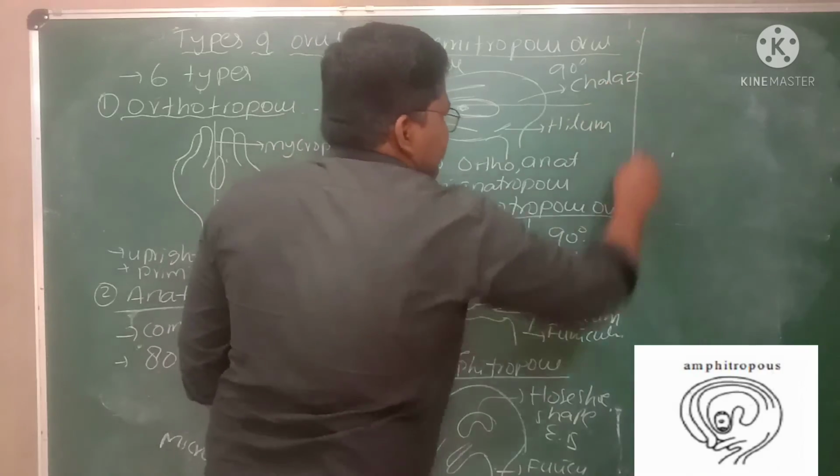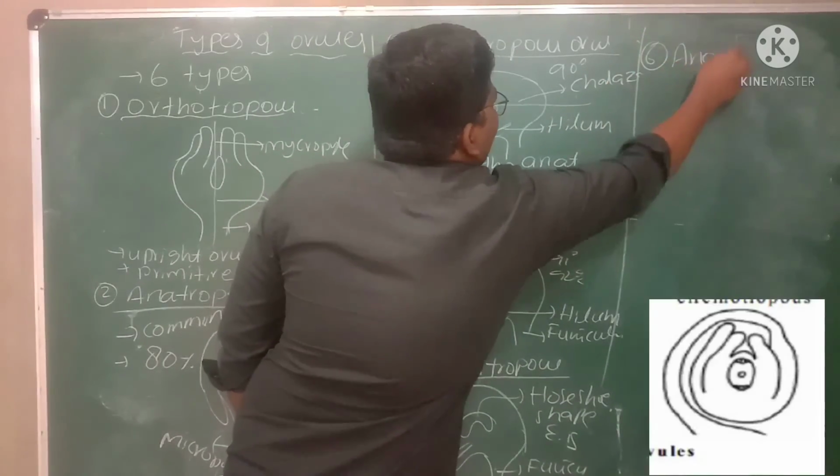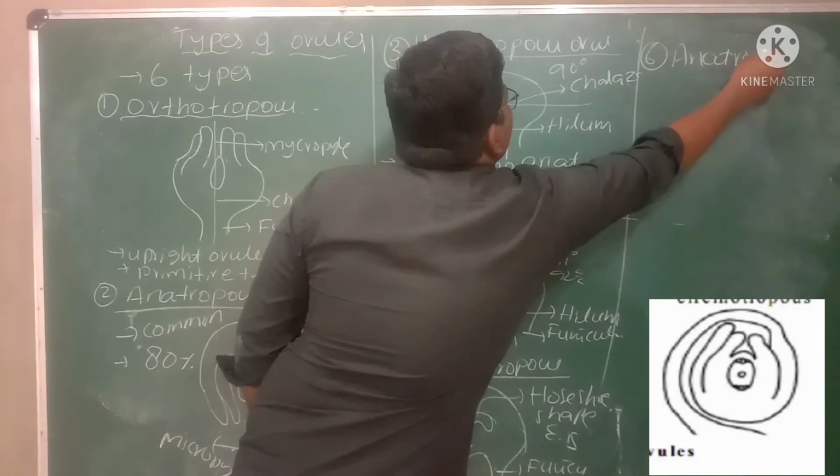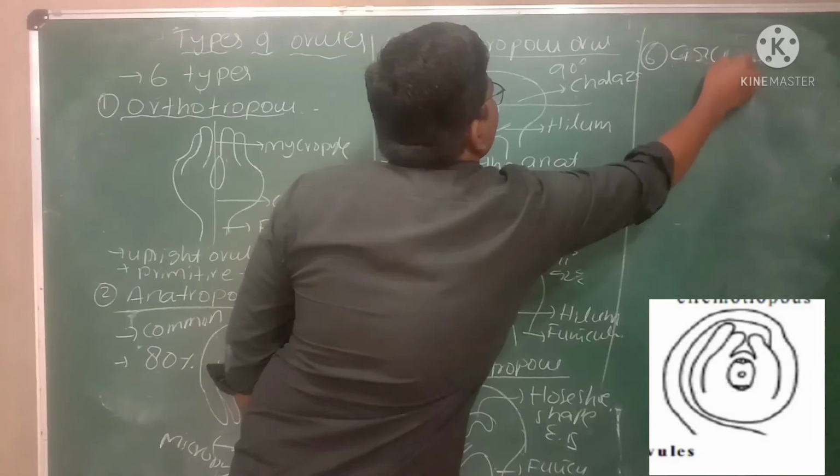Then after amphitropous ovule, the sixth one is cercinotropous ovule.